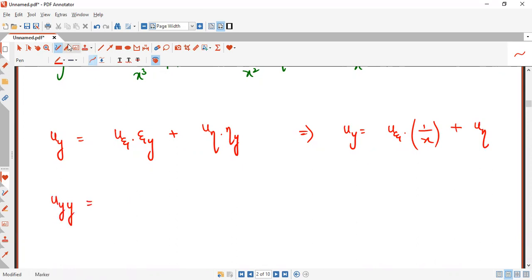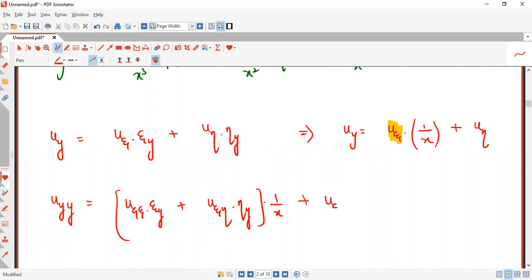So let's differentiate this u xi first. 1 upon x outside. u xi will be u xi xi of xi y plus u xi eta of eta y. Right? 1 upon x as it is outside, plus u xi as it is. Differentiation of 1 upon x with respect to y will become 0. Right?